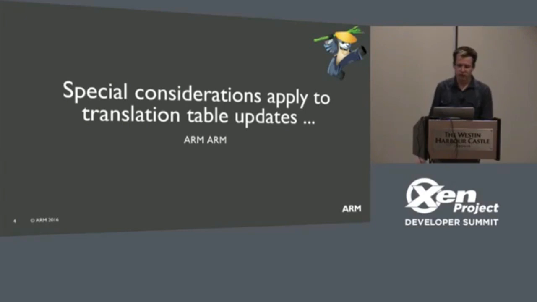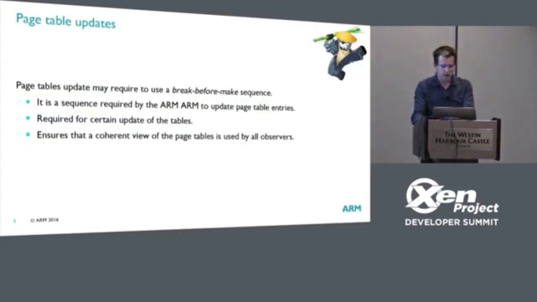The ARM says that special considerations apply to translation table updates. What it means is that in some cases, the way you update the page tables, you need to use the sequence break-before-make. It's a sequence required by ARM to update the page tables.